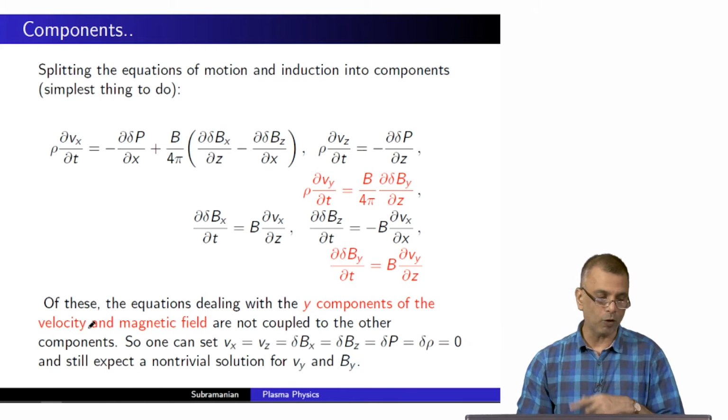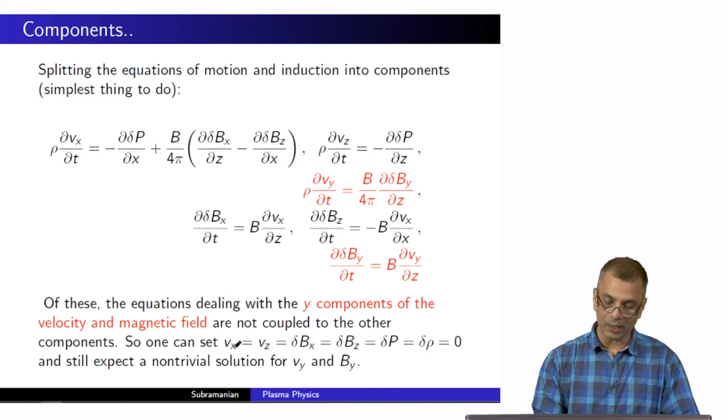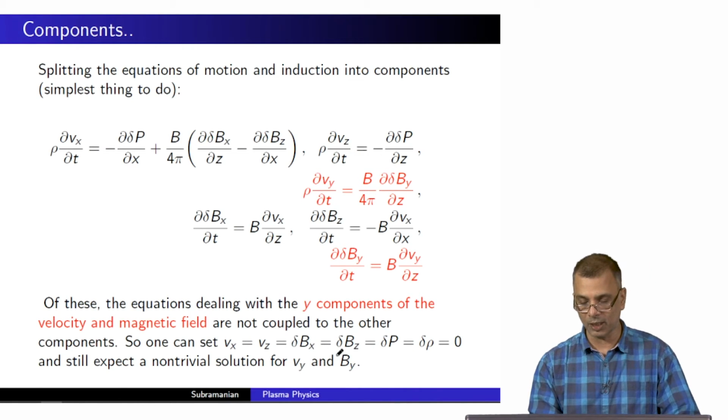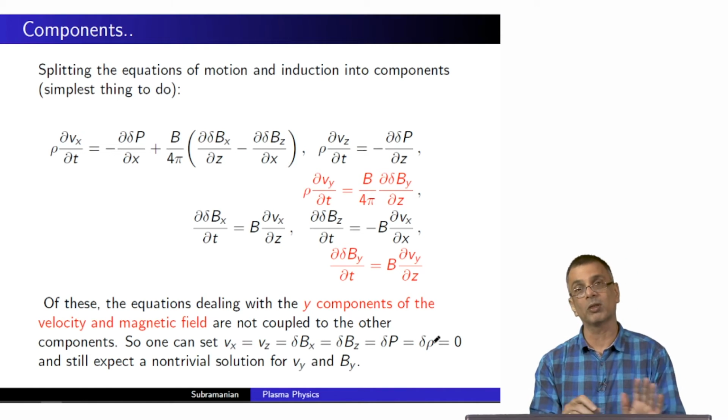Another way of thinking about this is to say that you can simply set the x and z components of the velocity as well as the magnetic field perturbations, and for that matter even the pressure perturbation and the density perturbation, equal to 0.